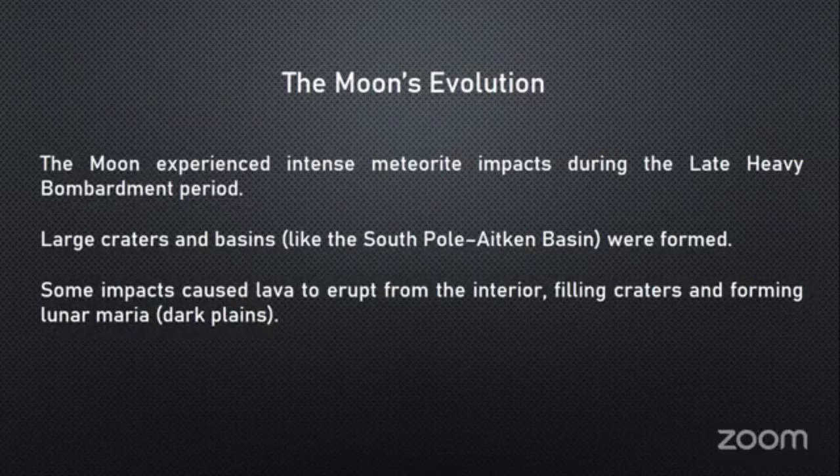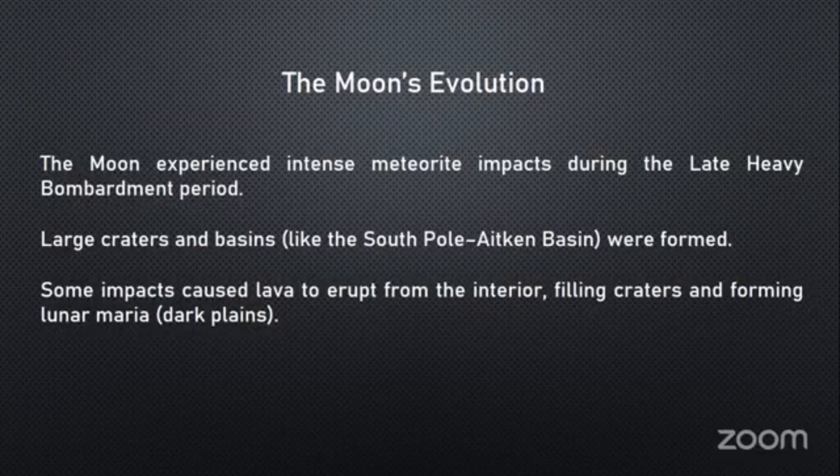But some impacts caused lava to erupt from the interior. In the same way, if you got shot by a bullet, the bullet penetrates you and your blood comes out. So some of these impacts caused lava to erupt from the interior.